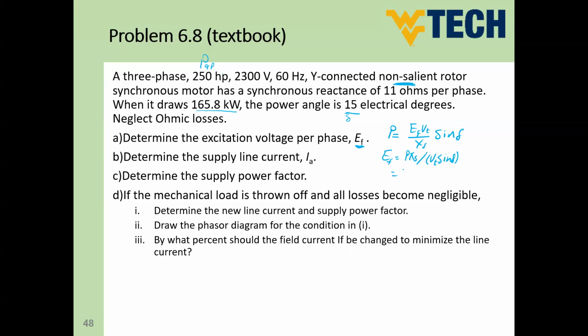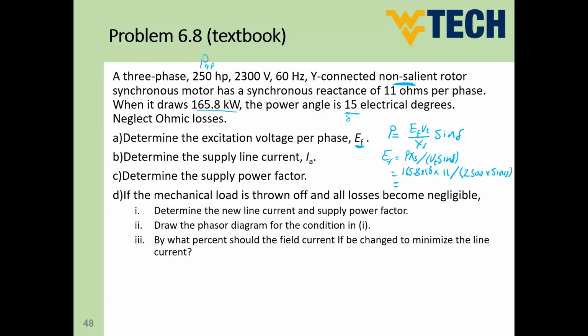So we have 165.8 times 10 to power 3 times XS, which is 11 ohms, divide V terminal line, which is 2300 times sine 15 degrees.